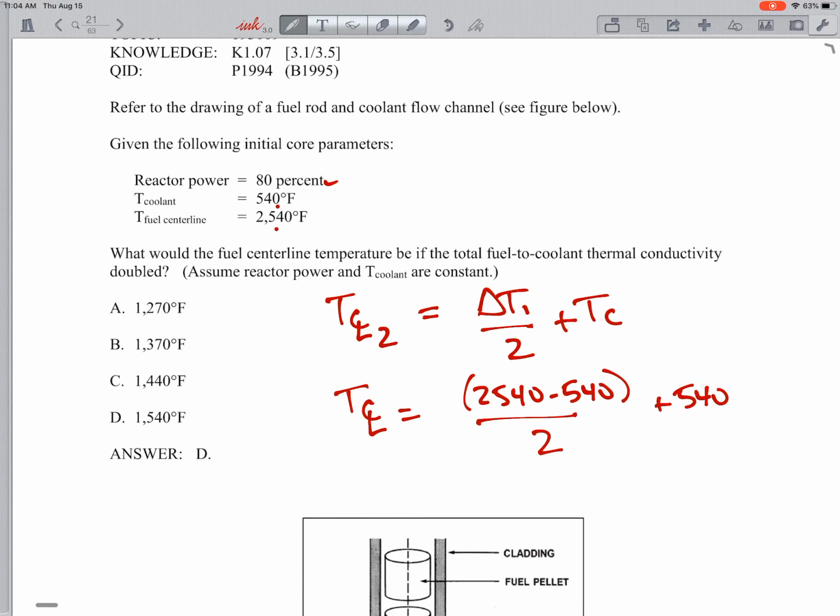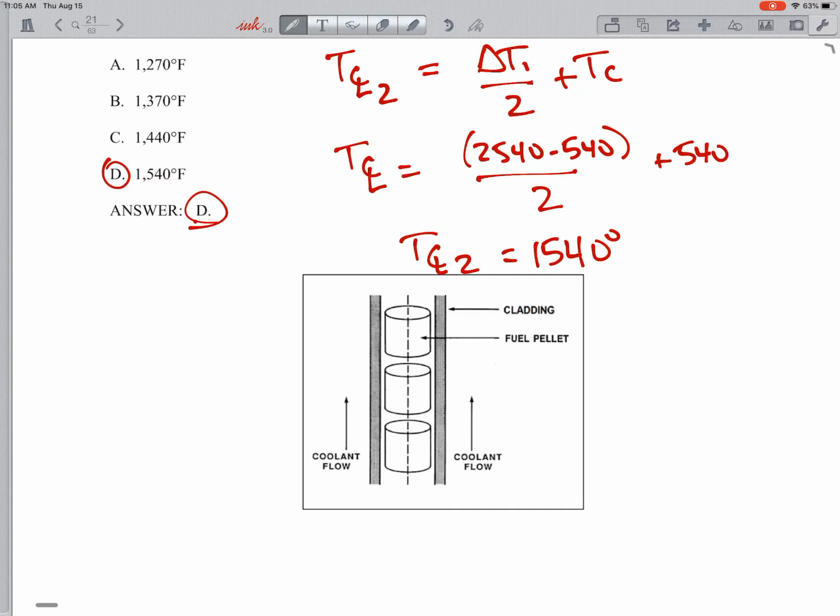So that's going to be 2000 divided by 2 is 1000, so 1540. The answer is indeed delta.